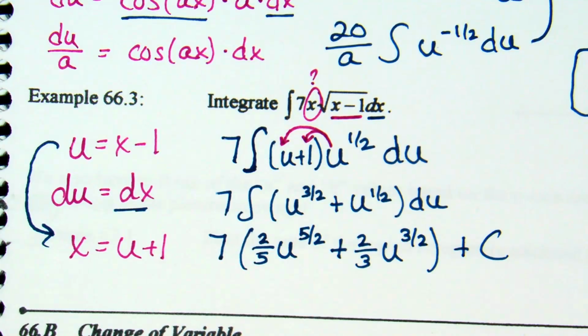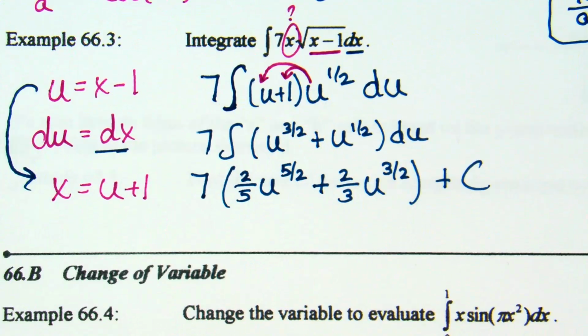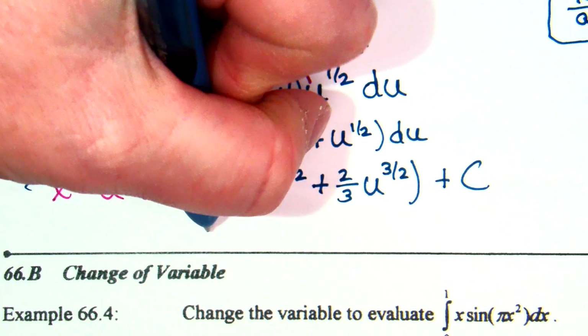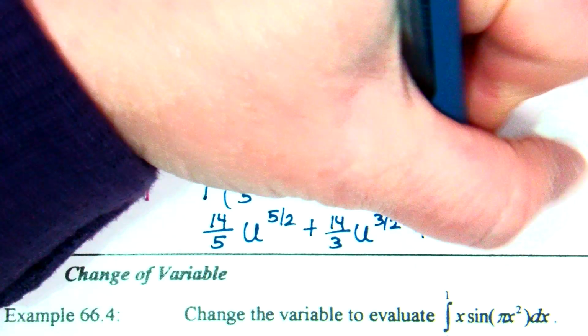There's lots of different ways you can leave your answer here. It does look like in my answer key I've distributed the 7. I don't know if I'm necessarily saying you'd have to, but I distributed the 7 and then also plugged in my u value back. So 7 times 2/5, so I have 14/5 u to the 5/2 plus 14/3 u to the 3/2 plus c.